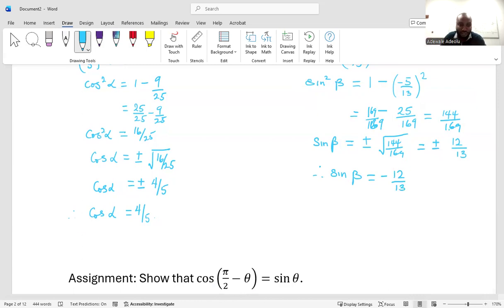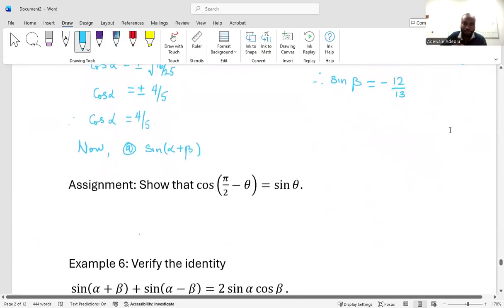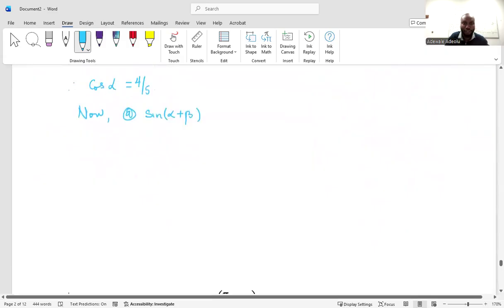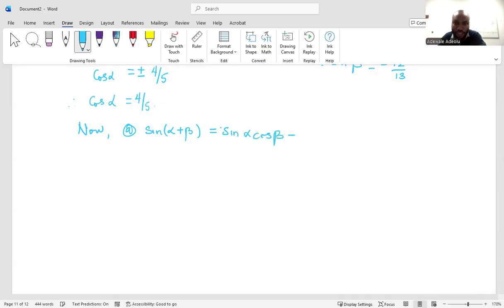So we can return to our formula. Now, we can answer problem A, which is sine of alpha plus beta. So this is equal to sine of our first angle multiplied by cosine of the second angle, plus cosine of the first angle multiplied by sine of the second angle. So let us just fill in what we have.